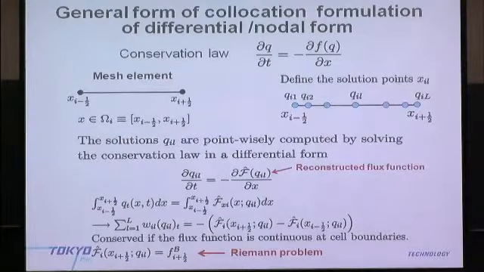And we have this mesh element, and we set a solution point inside this mesh element, where we solve the point value of Q at this solution point. Okay, we write it in a general form like this. This indicates the value at this solution point, which can be updated by this differential form or strong form of the conservation law.